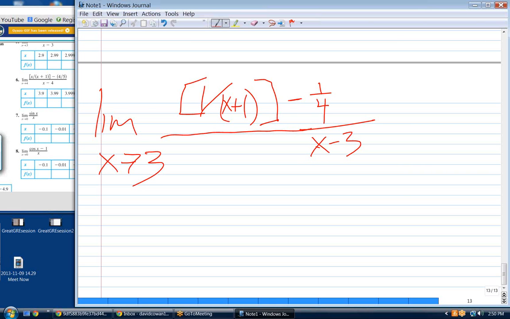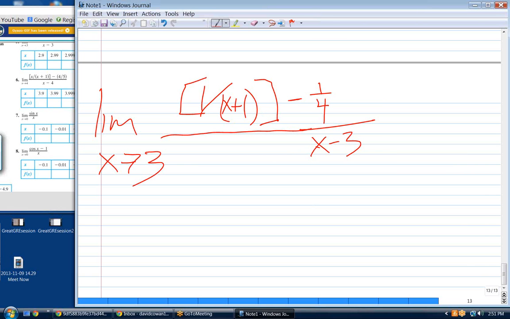Okay? Well, if you weren't familiar with how to do these, you might be tempted to try to find a common denominator in the numerator and do that subtraction. But since we know how to do these, let's just do it.